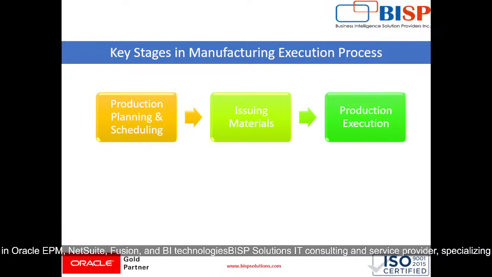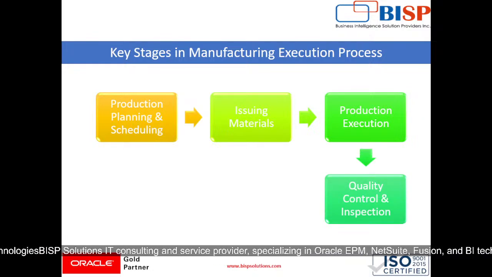Then is production execution, where the actual manufacturing process takes place, labor and machine time are recorded, and work in progress is also tracked. Then comes quality control and inspection, where quality checks at different stages are done, and defective items are identified and reworked or rejected.